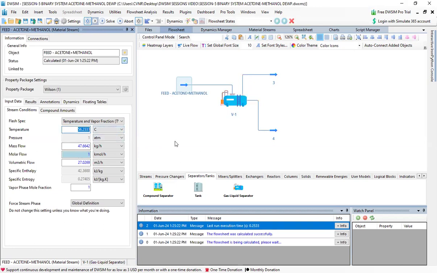Now in this scenario, I fix a temperature, suppose say 40 degrees centigrade. I want to operate the flash vaporizer at 40 degrees. That means temperature is known as 40 degrees centigrade. And what are the compounds?